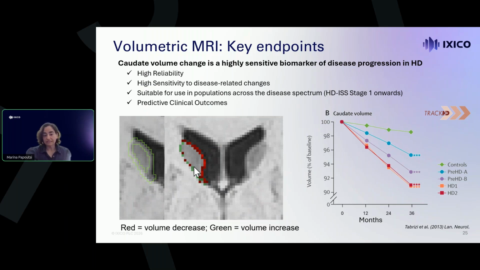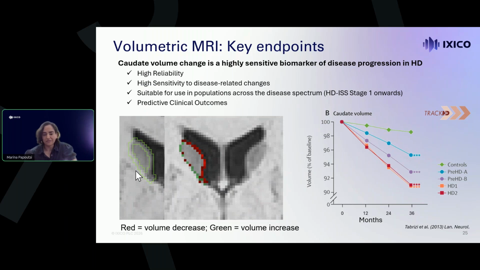So it's really sensitive, and it's a very robust biomarker, but it has some challenges, particularly when it comes to scalability. Manual segmentation of the caudate can take up to an hour, so it's not a very scalable metric, and it's also quite an old method now, more than 10 to 15 years old.